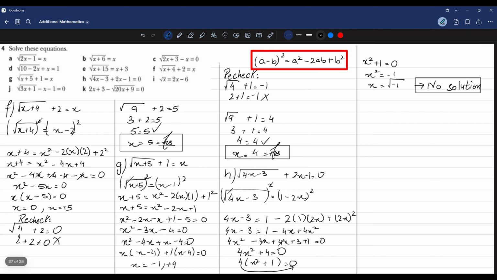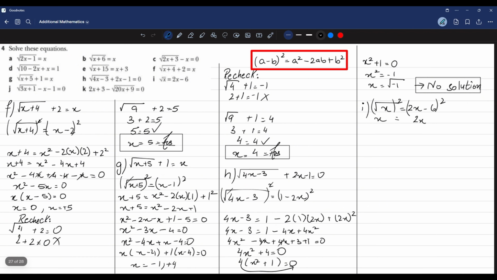Okay. For part H, we have done it, right? Yeah. So for part I, we have under root x is equal to 2x minus 6. And real quick, simplify this, square on both sides. We have x is equal to a squared, which is 4x squared. In fact, let me be a little bit simple.